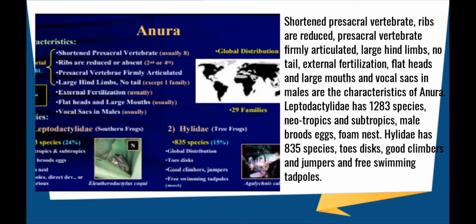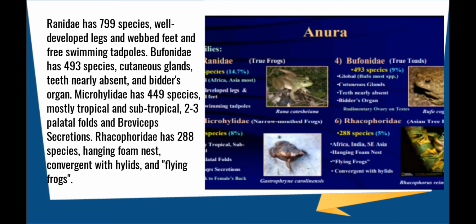in the neotropics and subtropics, where males brood eggs in a foam nest, while the Hylidae has 835 species with toe discs. They are good climbers and jumpers, and they also have free-swimming tadpoles.